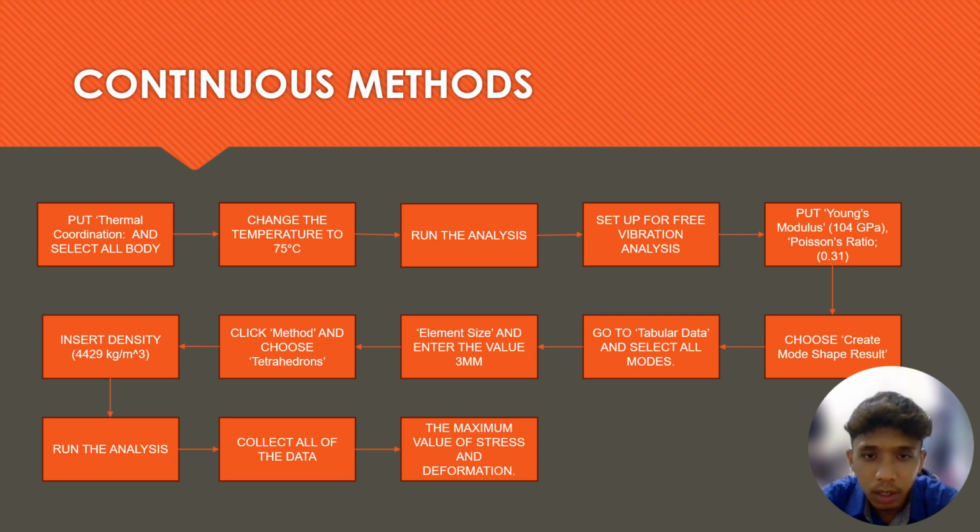For element size, we enter the value 3 mm, then click method and choose tetrahedrons. And we insert density 4429 kilogram per meter cubed. Then we run the analysis, collect all of the data, and we get the maximum value of stress and deformation.